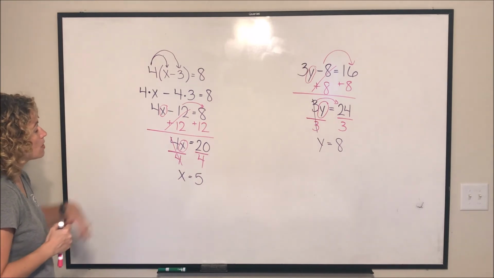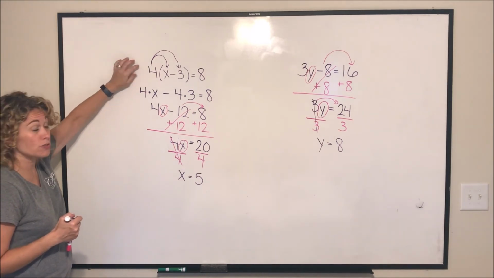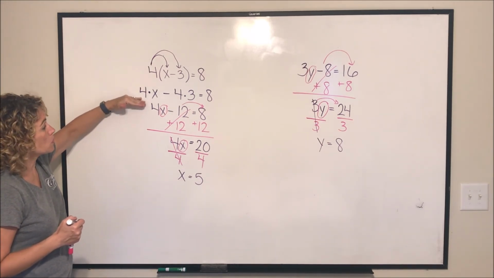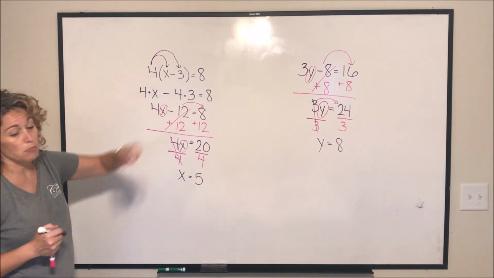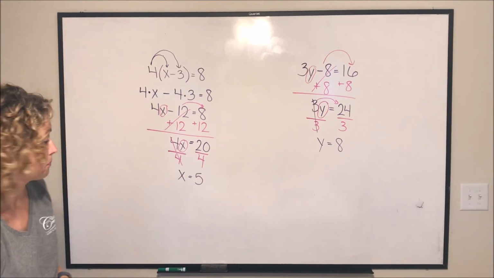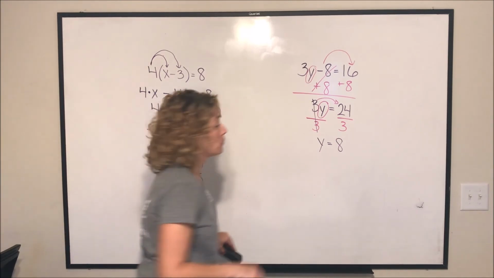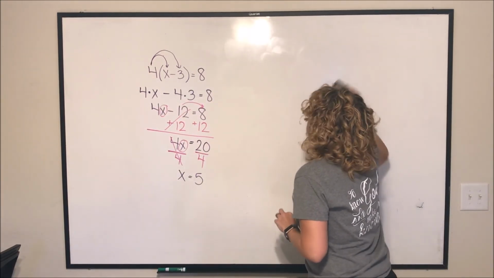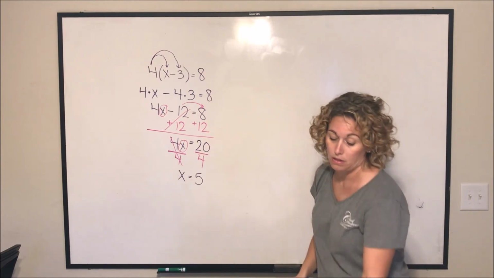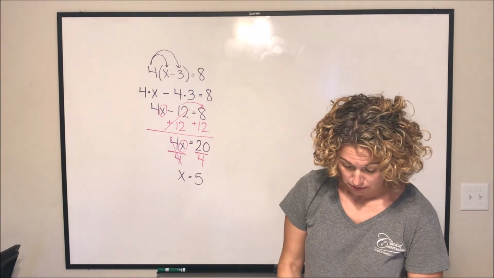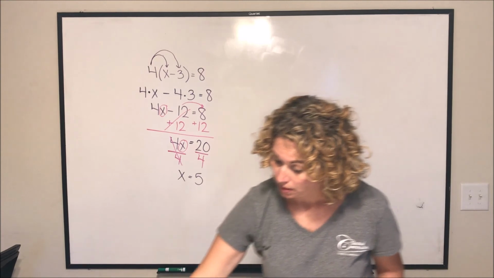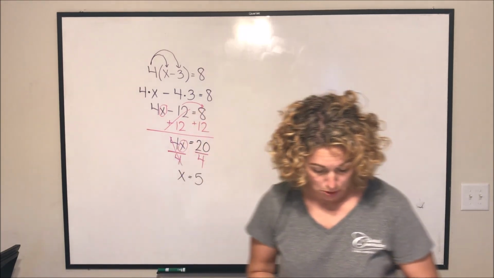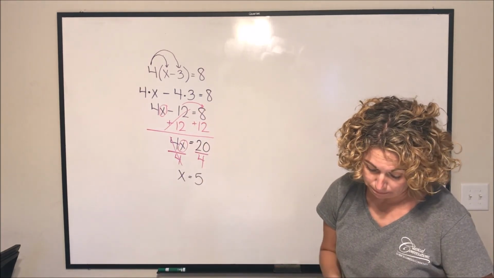Okay. So first we had to use distributive property, but once we've used that, we are just doing our normal problems that we've done many times. Okay, and then the challenge problem. All right, what challenge problem should we do this time?